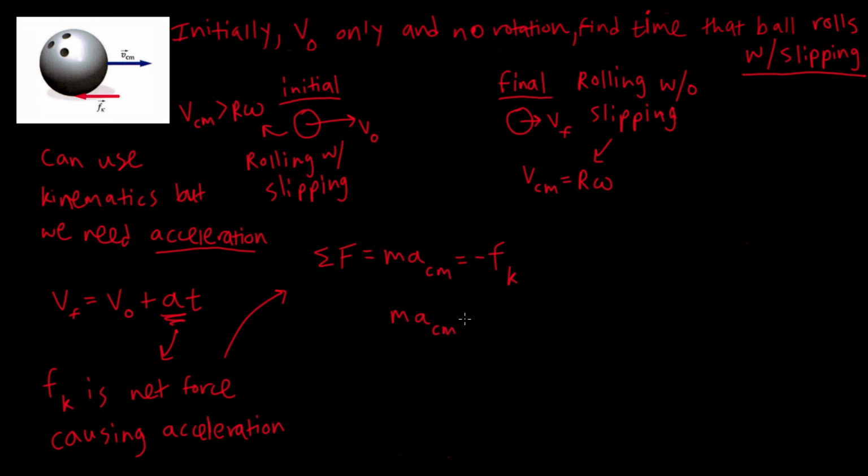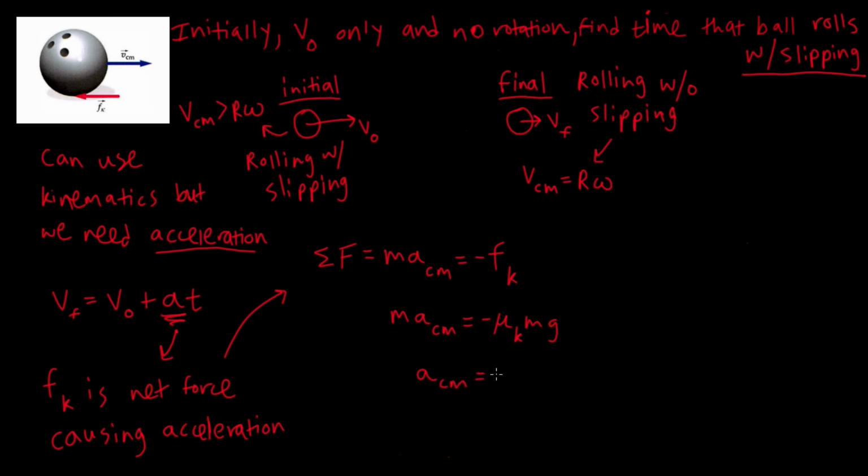And so if we expand this out, we know that the formula for the frictional force is just equal to the coefficient of friction, mu, times the normal force. The normal force in this case is just the mass of the bowling ball times the acceleration due to gravity.